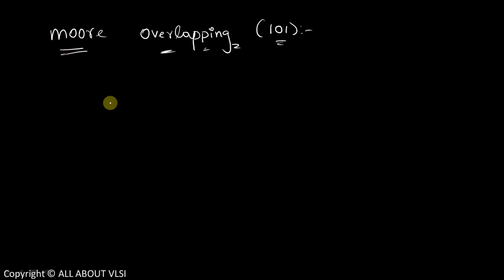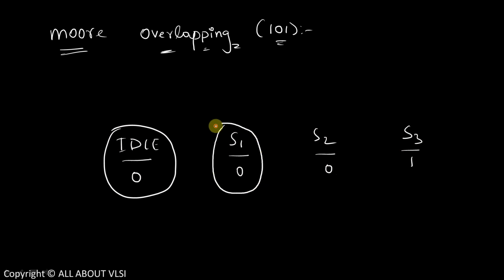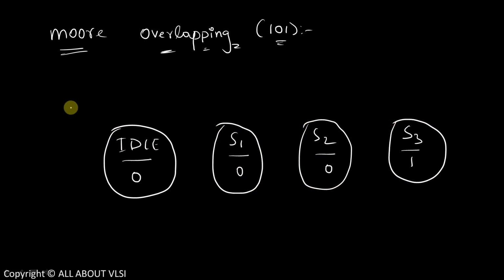Now let us try to design your Moore overlapping detector. Again, we are going to consider the same states: idle, S1, S2 and S3. So these are your states. Now if you apply your reset, then you are going to idle state. From the idle state, if you get 0, you are going to stay in the same state.